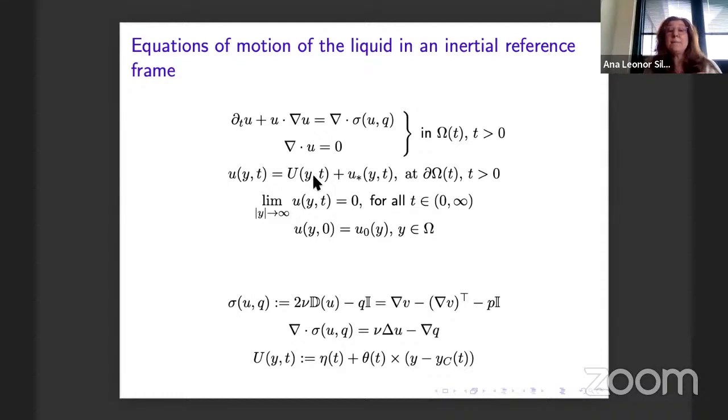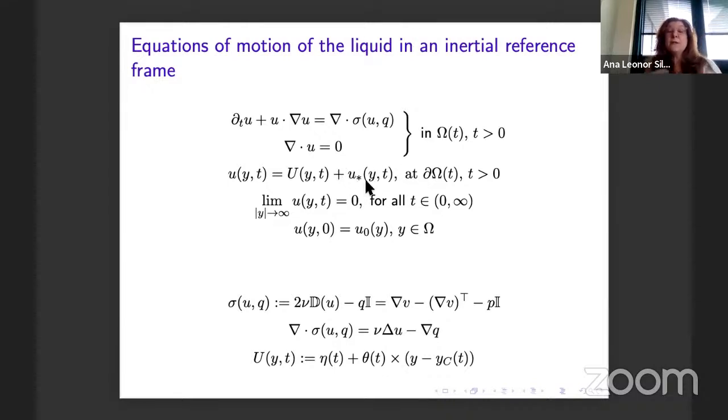And then if we remember what we said before about what causes the motion of the solid, of course there is an interaction with the fluid, but there is also some mechanism that is developed by the rigid body itself, and we are going to denote it by U star.